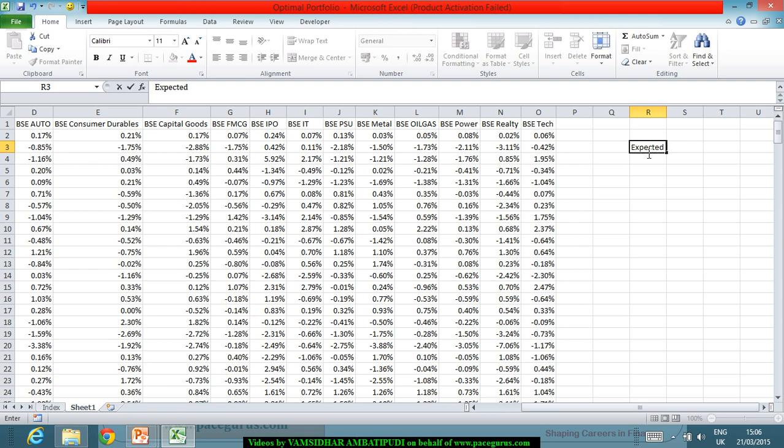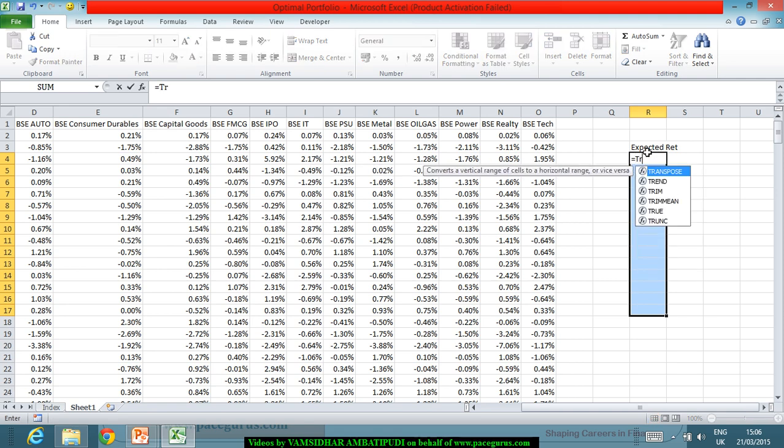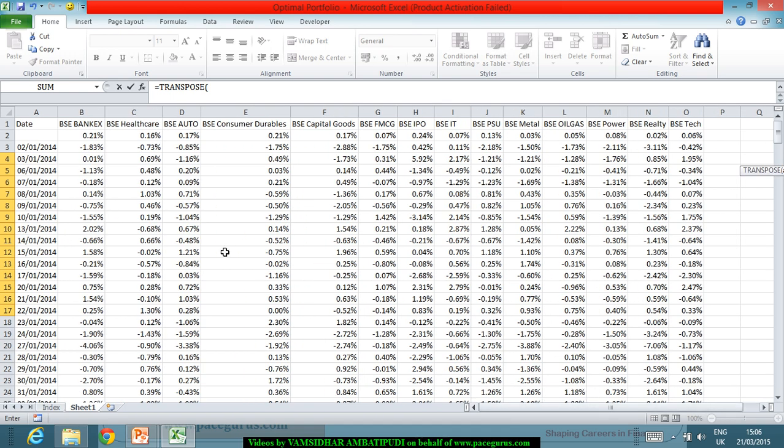So I'll take a vector called expected returns for each of the stocks. So for each of these 14, I'll directly use the transpose function. Using the transpose function of Excel, I'll simply transpose these values here.